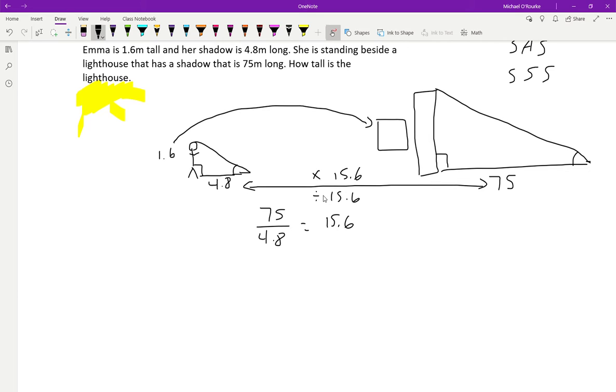What do we think? And as I said before, we could just do both of them and figure out what number makes sense. But we're going to multiply by 15.6. Okay? It should equal a number around 25. Right?